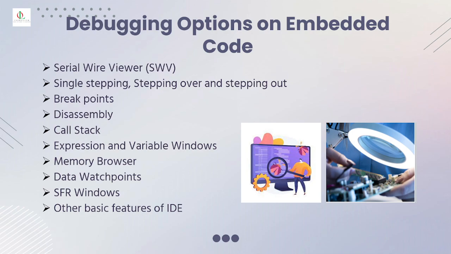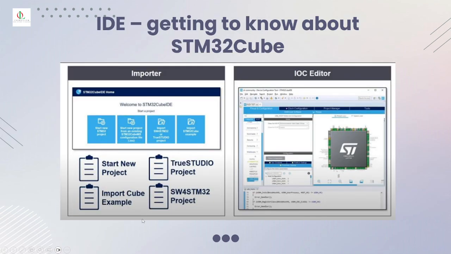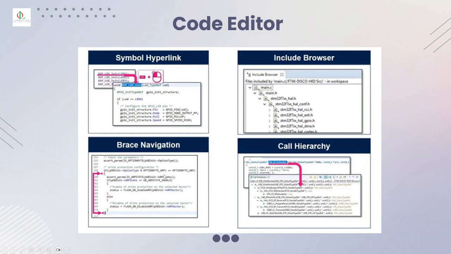I'll show you more about SFR windows when we go in depth into the other projects and other basic features of the IDE. So you started with the importer, IOC editor, you went to see the browser, the hierarchy, and you see the brace navigation, which is nothing but the open loop and closed loop, and the call hierarchy, which is another form of call stack.